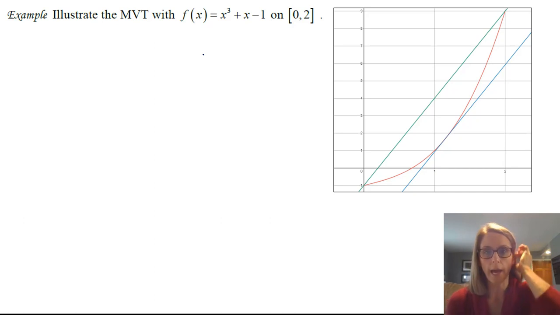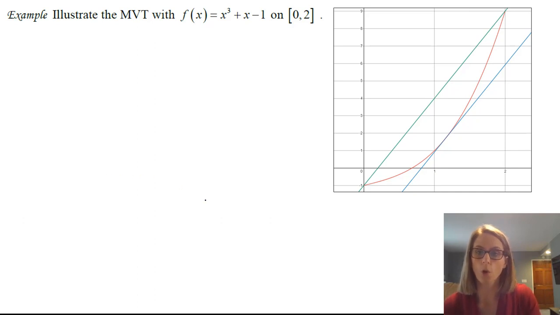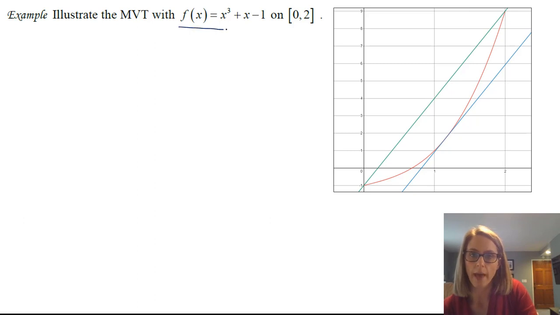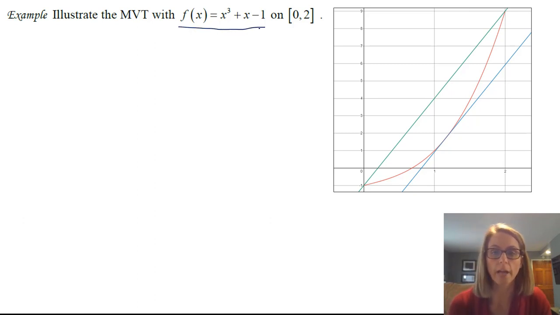So we're going to take a look at where we might see this. I have the graph over on this side, and the reddish function is f of x equaling x cubed plus x minus 1.